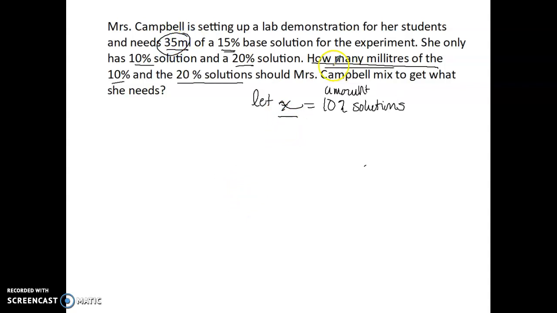I found that in that last statement. How many milliliters did I need? So x is the 10%. I have a total of 35. That means 35 minus x has to be the amount of the 20% solution. So once I have those variables established, then I'm going to figure out my equation.